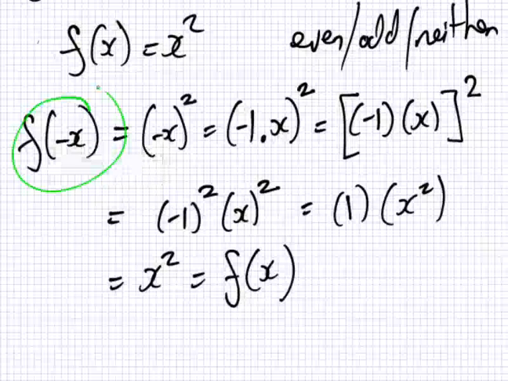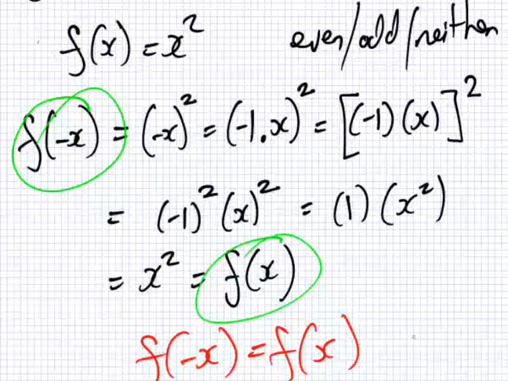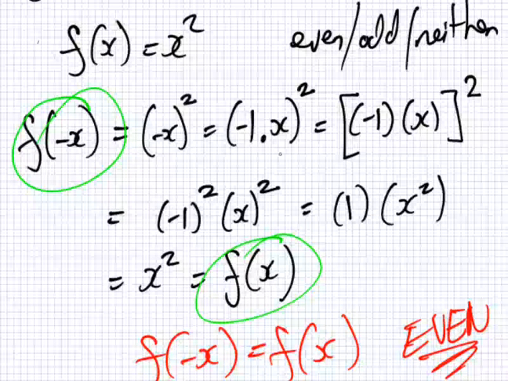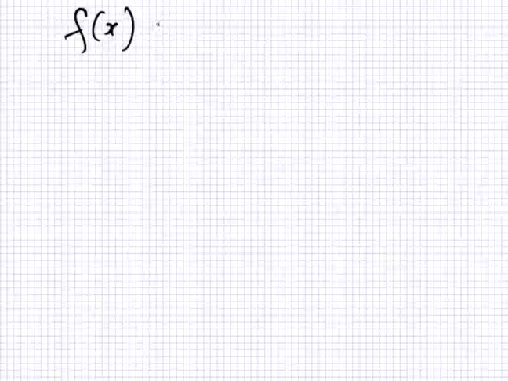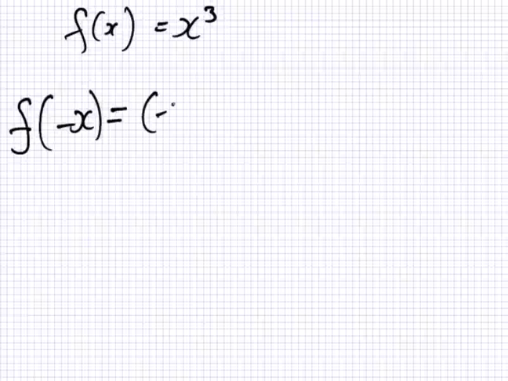So what you need to check is what f of minus x equals. That's equal to minus x squared. You just put x as minus x. What's minus x squared? That's x squared, because when you square a minus, it's gone.